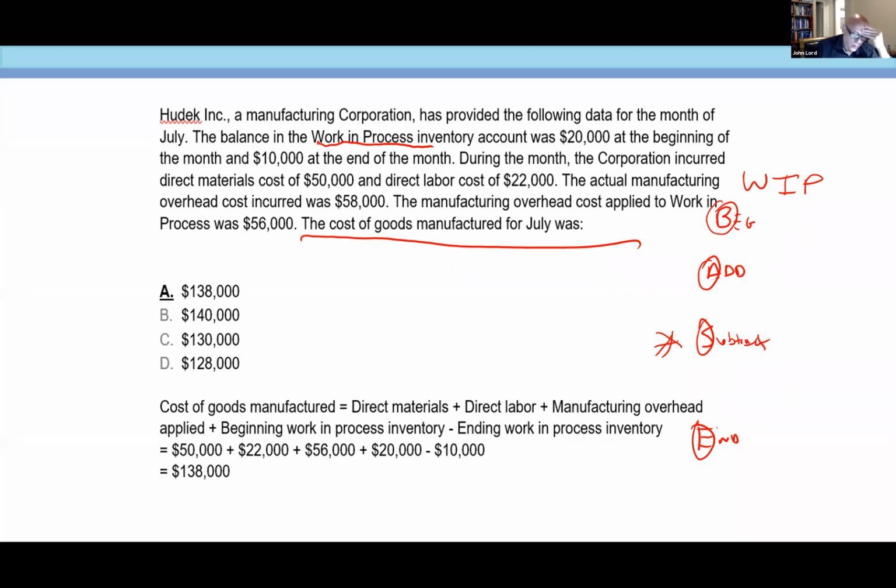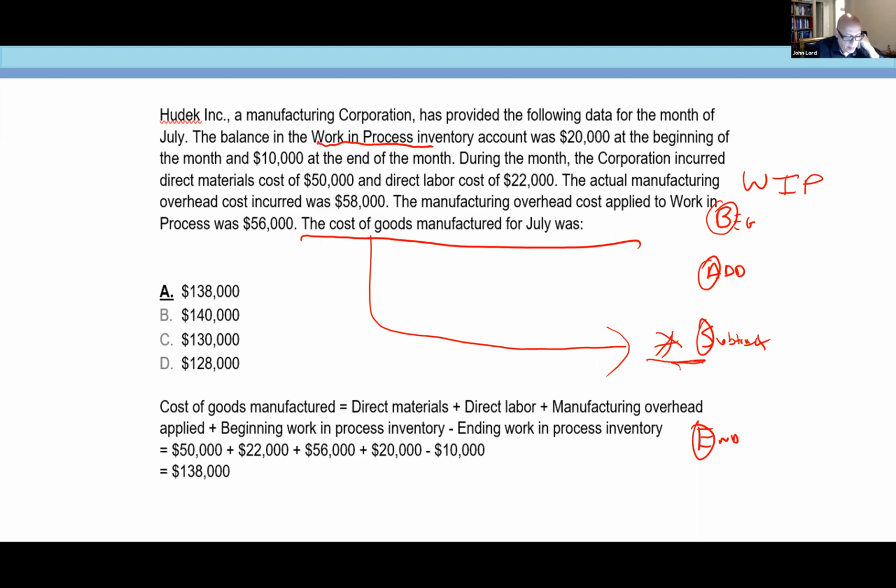I know that if they're asking me for the subtract, it's the cost of goods manufactured, the number I'm looking for here. So my only job is to figure out the beginning balance, the ending balance, and the add, and then plug for the difference here. Back into the difference.